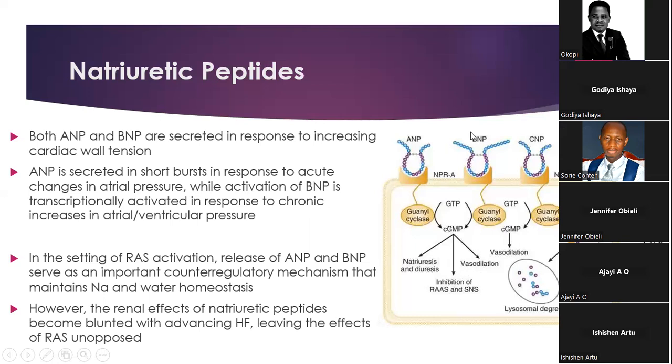C-type natriuretic peptide actually produces its effect through natriuretic peptide receptor B. It's also dilatation.